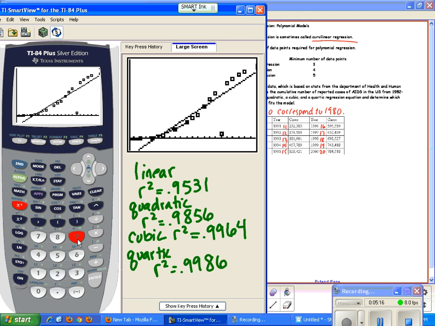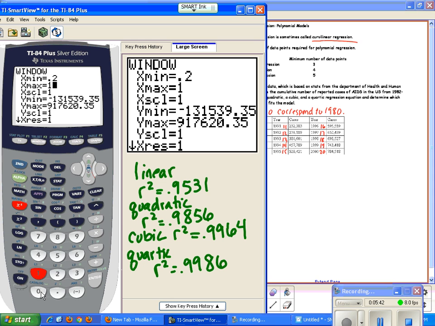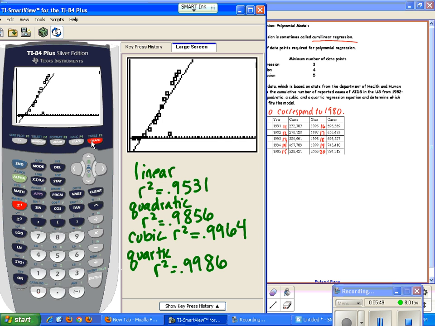The next one is going to be my quadratic model, then my cubic model, and my quintic model. So they're all pretty close together, so it's kind of hard to tell what's going on. What I want to do is change my window a little bit, my x value maximum, to maybe 50, just to show you what's happening in the long run.